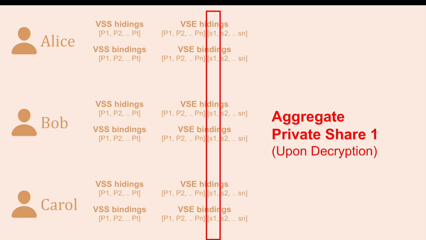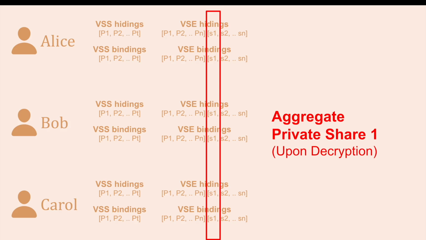And as for the second vector of the VSC, hidings and bindings, that gives us the aggregate secret share of the first participant, which in this case is Alice, upon decryption. So the sum of the S1s, it's public, it's outright bare, right?